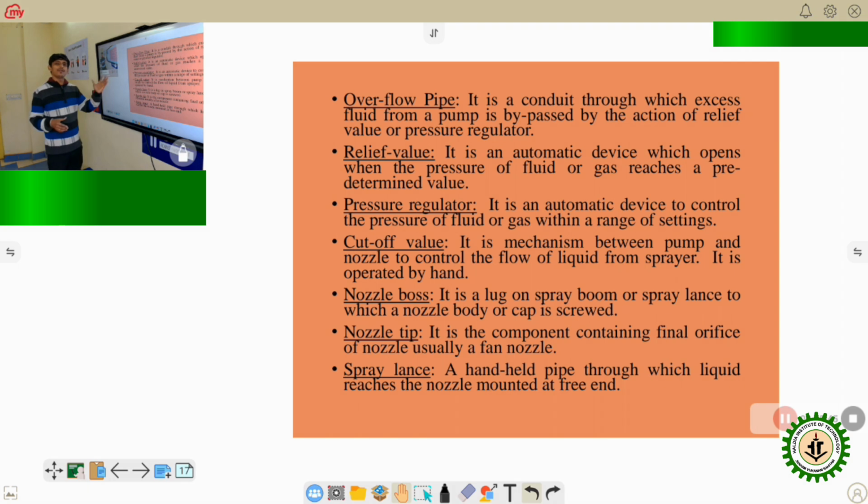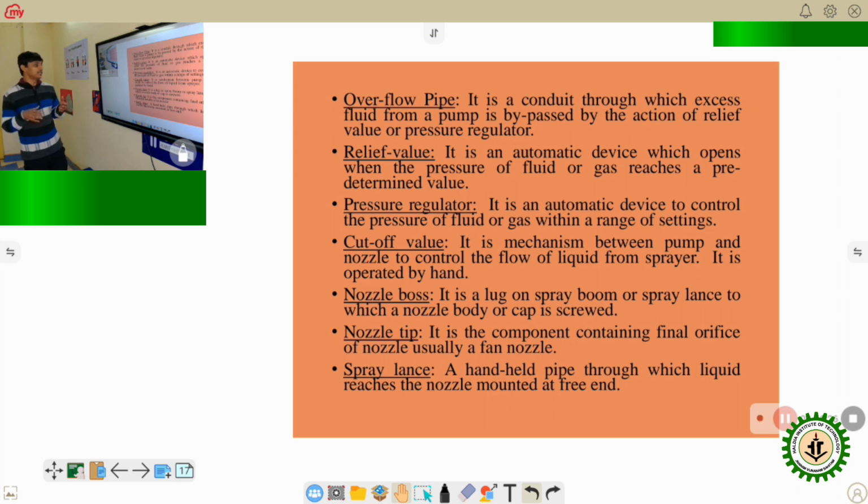Apart from this, there is an overflow pipe. Overflow pipes reduce the pressure, which sometimes reduces damage to the sprayer. The relief valve also regulates the pressure within the sprayer. Pressure regulators control the pressure of the fluid or gas within a range of settings, so that the spray materials can be uniformly distributed over the crop field.